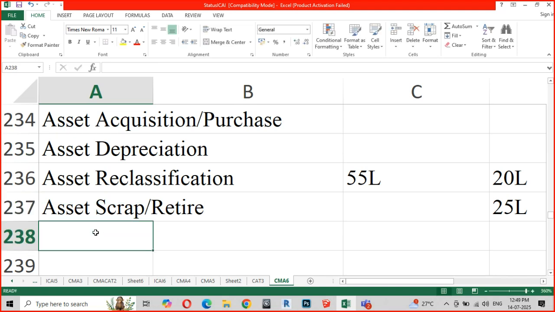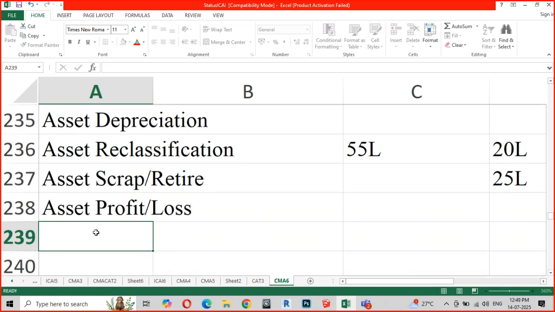And as a result, you may also have profit or loss on sale of the asset. Once you sell the asset after the expiry of its life, you may end up in a profit or a loss by the sale of the asset.